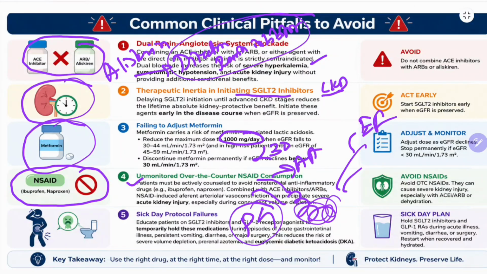The main function of prostaglandins is to dilate the arteriole, but if you give an NSAID, prostaglandin production will be inhibited, and because of that there will be arteriolar constriction, and again increased glomerular hypertension. That's why NSAIDs should not be given in patients with DKD.